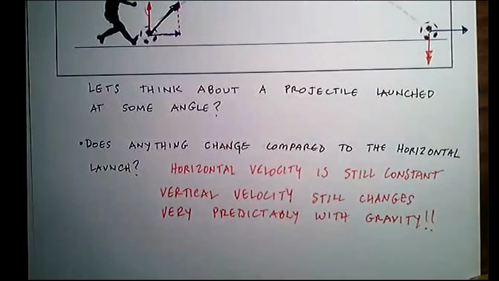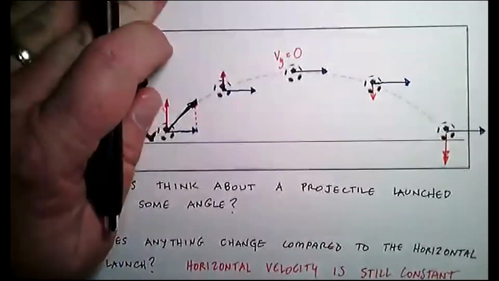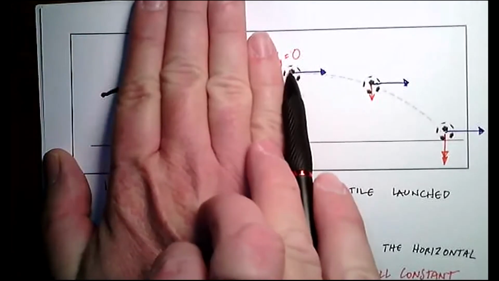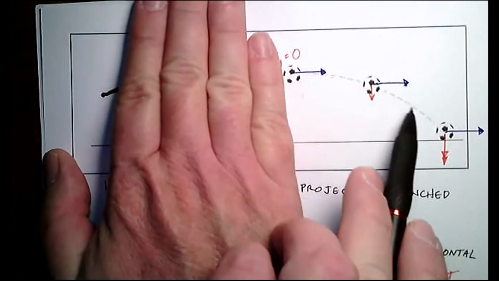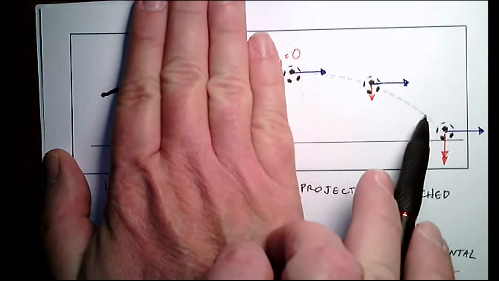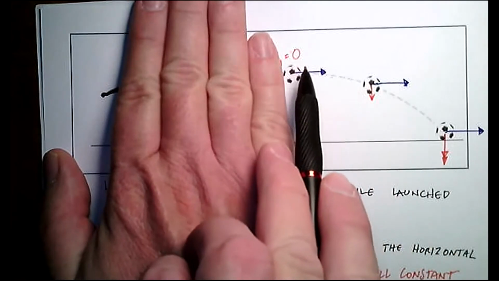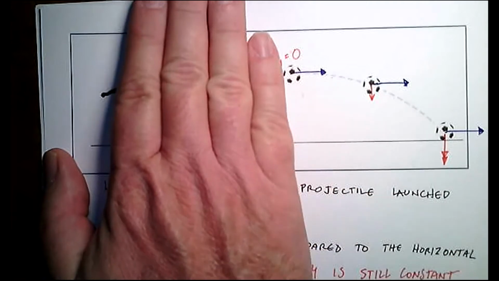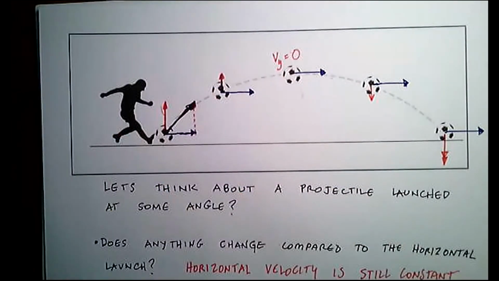Okay? You still get the same changes here. Fact is, if I look at this drawing, you guys, and I just lopped off this part right here, this final part of the drawing would work just like it did when we threw those balls off the bleachers. All right? This is the shape that it took. Okay, it took the shape of a parabola.